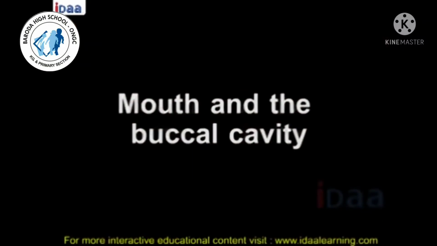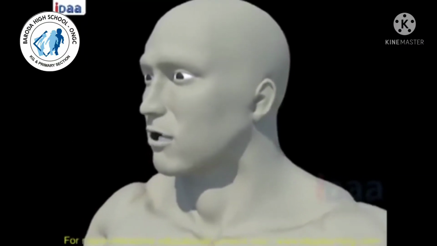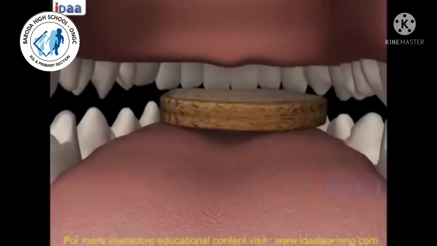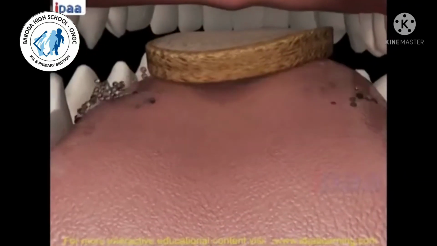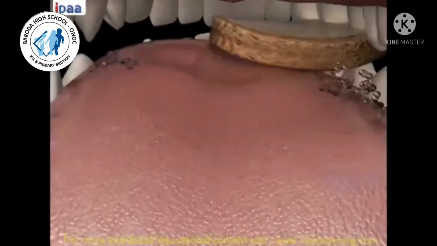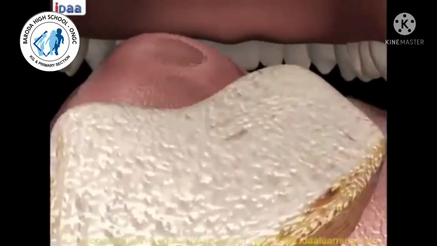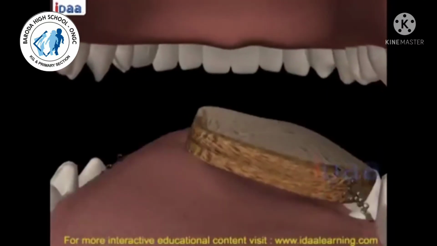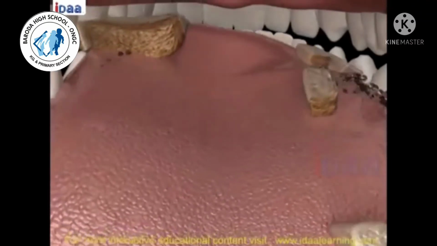Okay, so let's start. As you know, food intake in human beings is through the mouth, and this is also known as ingestion. Now, when food enters our mouth, our teeth help us to break that food into simpler pieces. It breaks the food mechanically into small pieces, and there is also the presence of saliva.